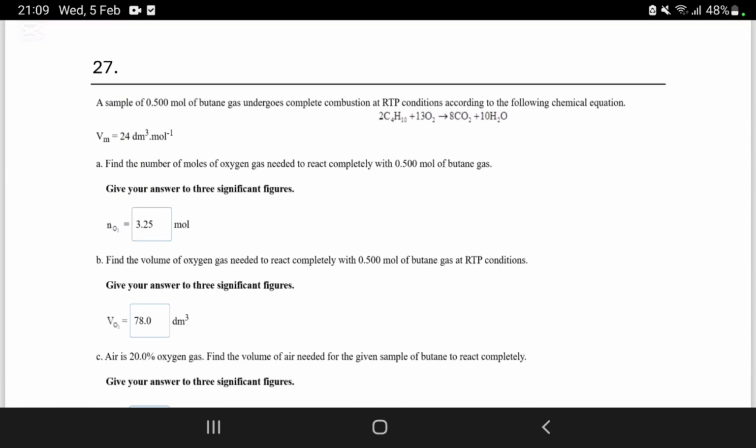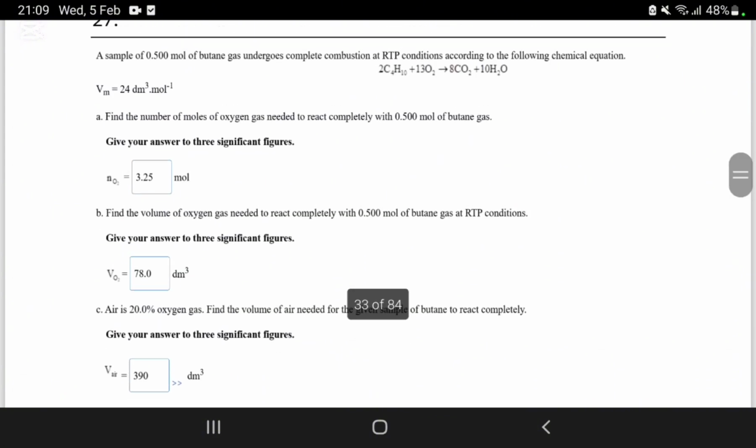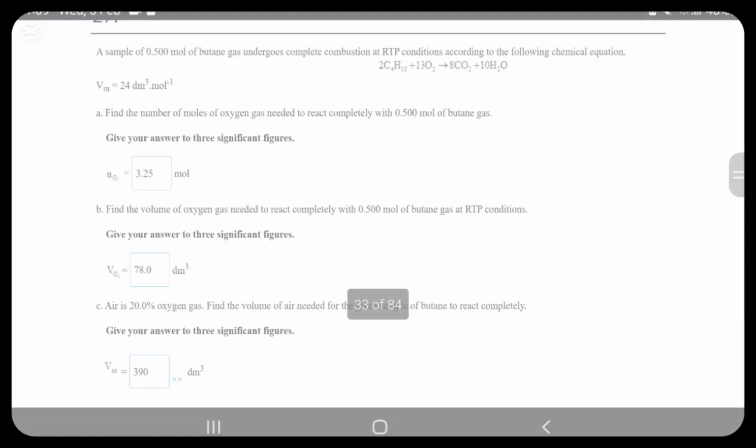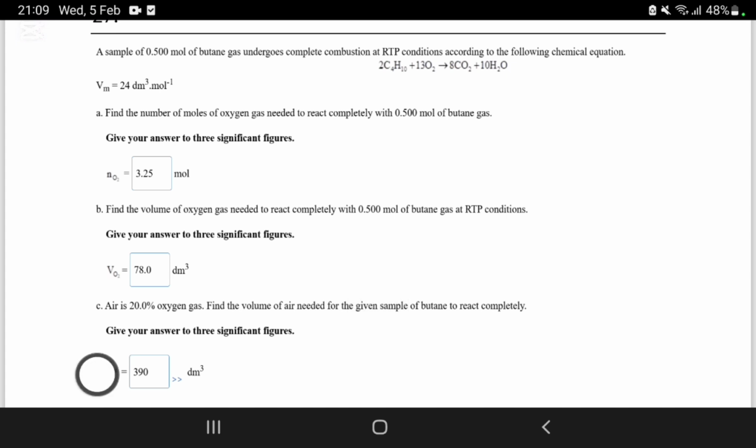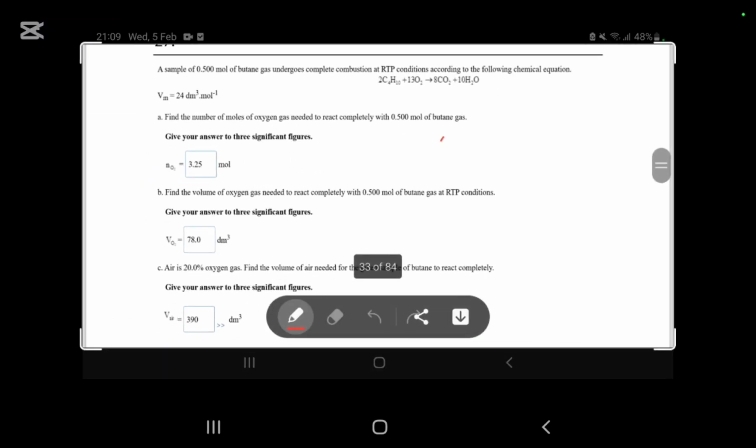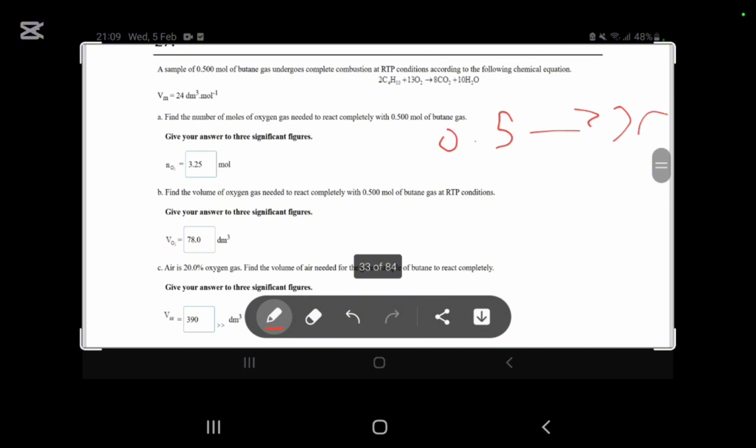A sample of 0.5 moles, okay. So for this question, we're gonna have to do 0.5 2x is equal to 2 to 13.